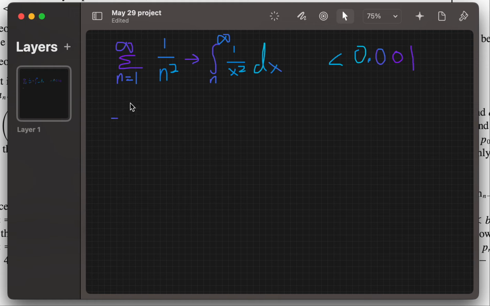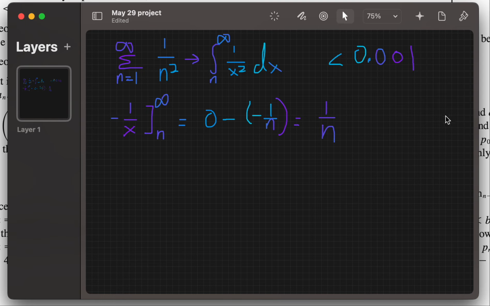You'll end up with negative 1 over x from n to infinity. Again, with infinity, negative 1 over infinity is just 0. So that's 0 minus negative 1 over n, which gives you 1 over n.